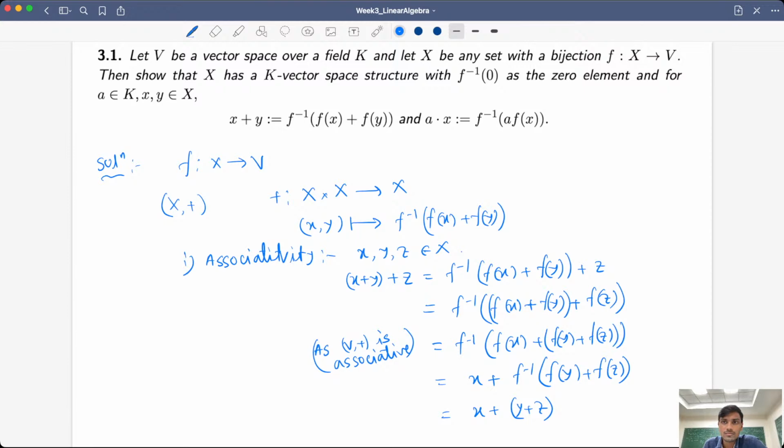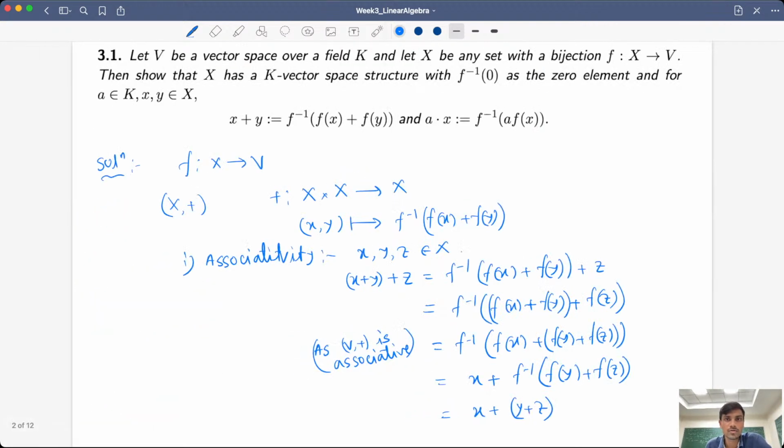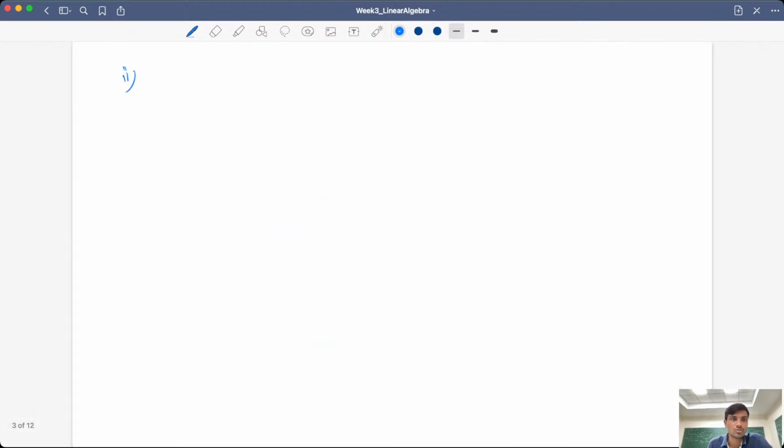Okay, so now next we need to check the identity. Already in the question itself it is given that f inverse 0 is the zero element, that means the identity element with respect to this plus. So just check that.